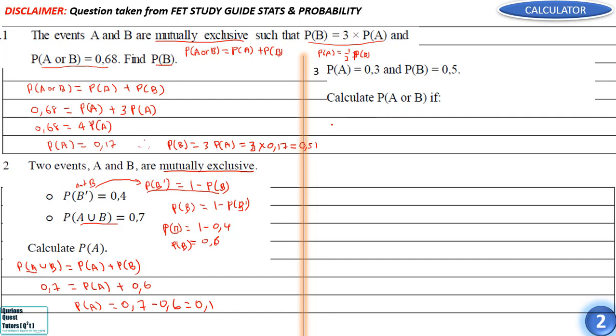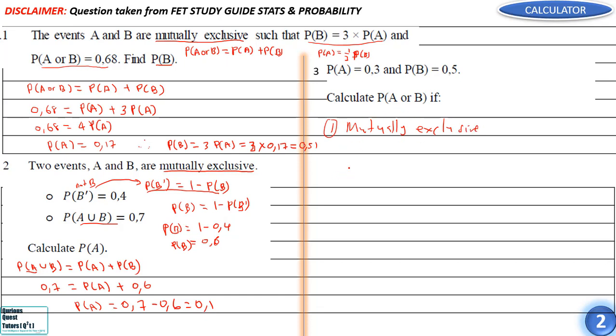I think the first question here is that we need to calculate the probability of A or B if the two events are mutually exclusive. That's what the question was.